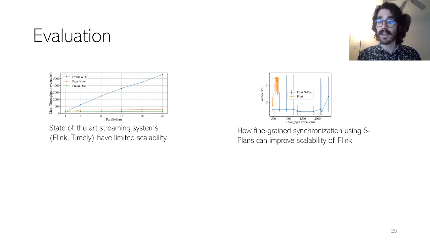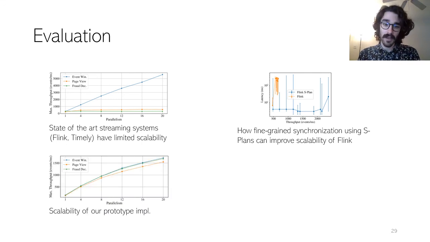We also show how fine-grained synchronization using synchronization plans can improve scalability of Flink, where we implement a synchronization plan on Flink, and we show that it can achieve higher throughput than the Flink implementation. We also implement and show the scalability of our prototype implementation, which scales well with respect to the parallel load.